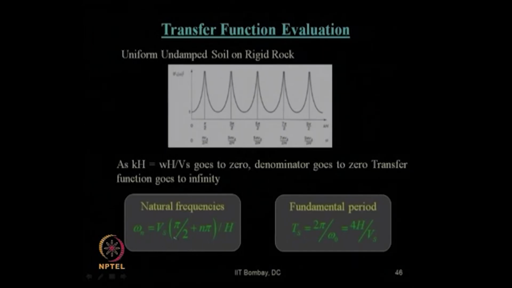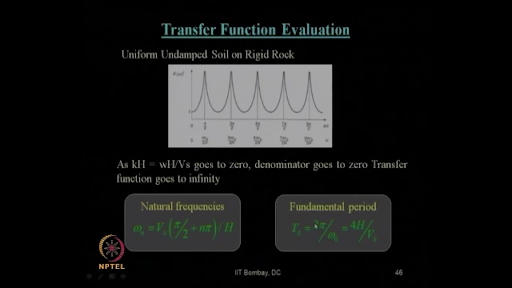Among these, we call the fundamental natural frequency that natural frequency which has the least value. As I have already discussed in my other course on soil dynamics, the fundamental natural frequency is the least among those natural frequencies, right. So, omega naught for n equals to 0 will obviously give you the least value of the natural frequency, so that can be considered as omega naught.